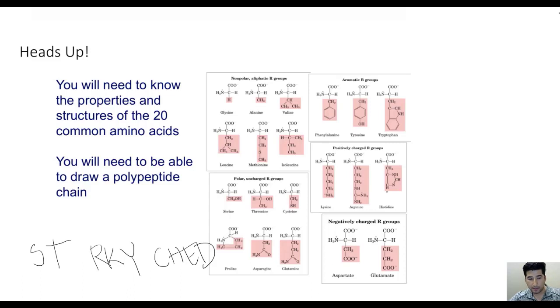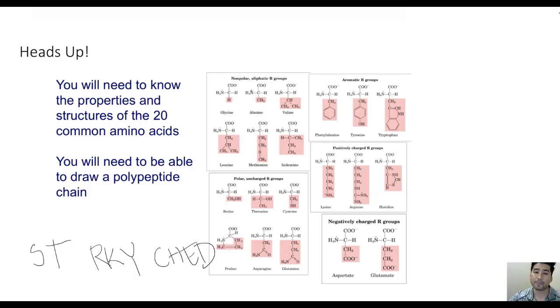Okay, so it's extremely important that you not only know how to draw all of these amino acids, but that you know all of their one-letter abbreviations. On the exam, they're going to try to trick you. When I say they're going to try to trick you, it probably sounds like they are your enemies, but they're not. They're just trying to test you, and see how well you know the content.